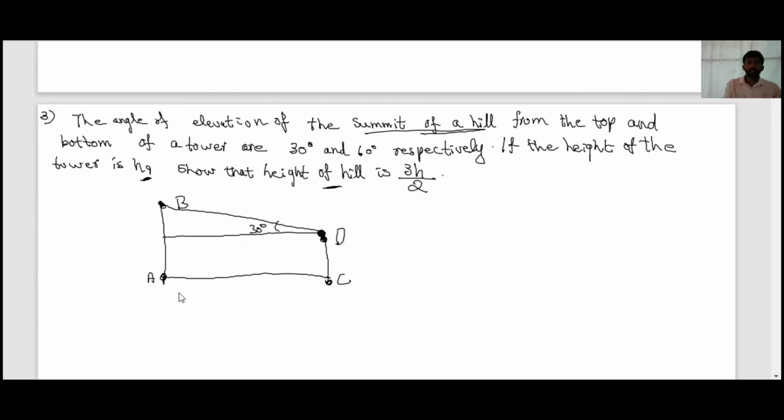Then second data, you are looking at the top of the hill from the bottom of the tower, that is from the point C. That time angle of elevation is 60 degrees given. Height of the tower is h given, that means CD is equal to h. We need to show AB, that is height of the hill, AB is equal to 3h divided by 2.